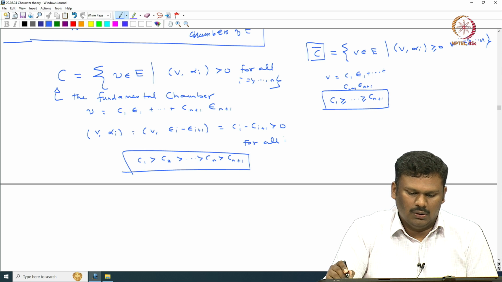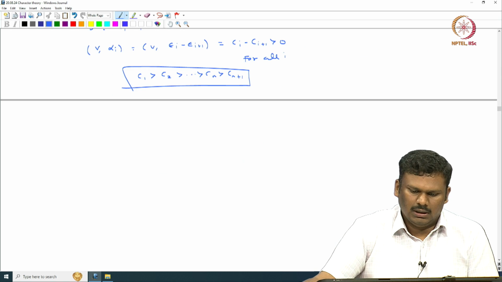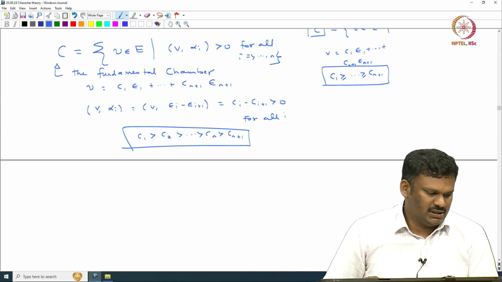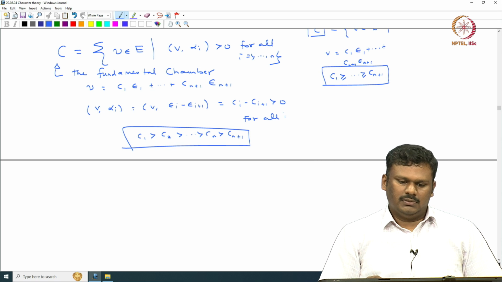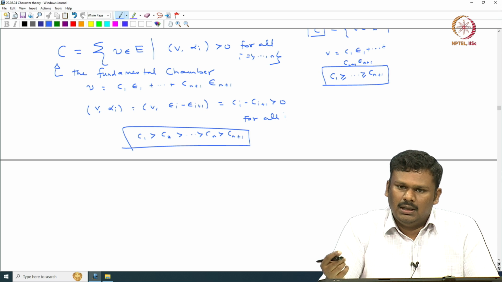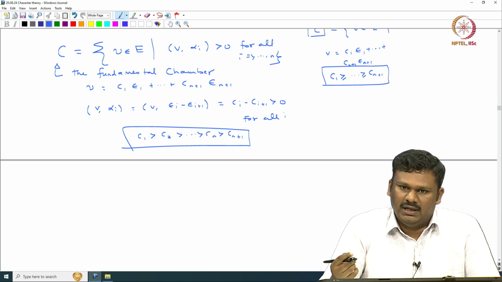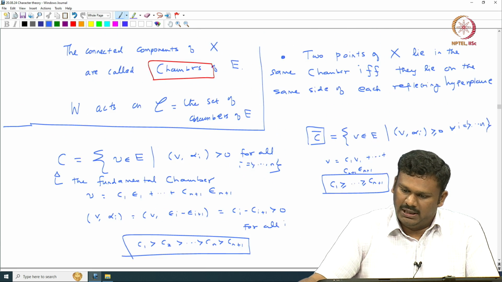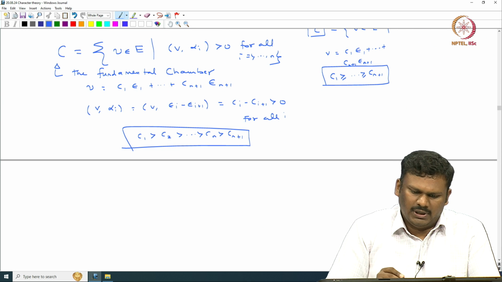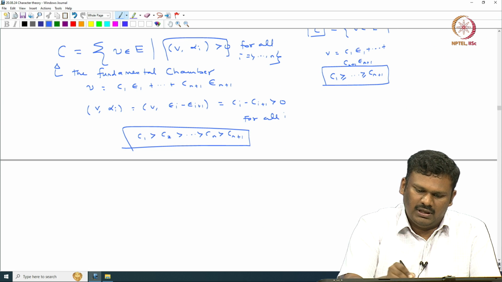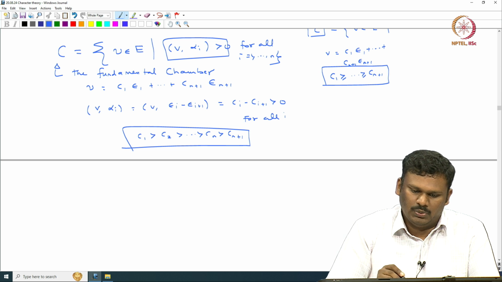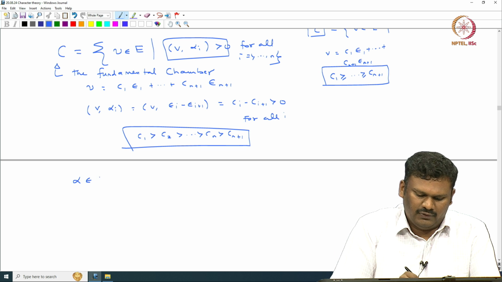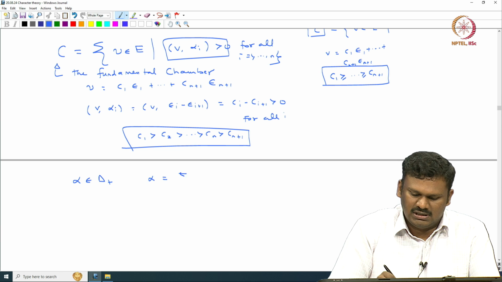Now, how can one think about this chamber, and why is this first of all a chamber? Note that if we take 2 points from X, if they lie in the same chamber, then they must lie on the same side of each of the reflecting hyperplanes. Here we have defined (v, alpha_i) greater than 0 for all simple roots. If I take alpha from delta plus, you know that alpha can be written as the summation of n_i alpha_i with n_i greater than or equal to 0.